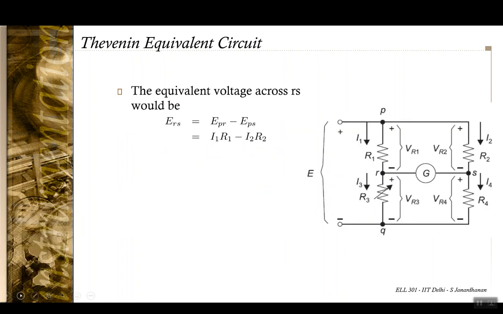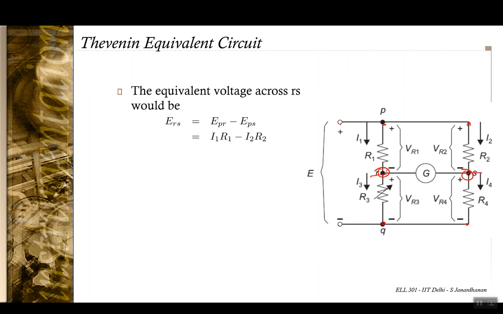Now let's get into finding the Thevenin voltage and the Thevenin resistance of the bridge circuit. To find the Thevenin voltage, it is very simple. You have to find what is ERS, subject to the input voltage E being applied to the circuit. So there are two parallel branches, R1 and R3 in series, and R2 and R4 in series, and what we want is the voltage here.